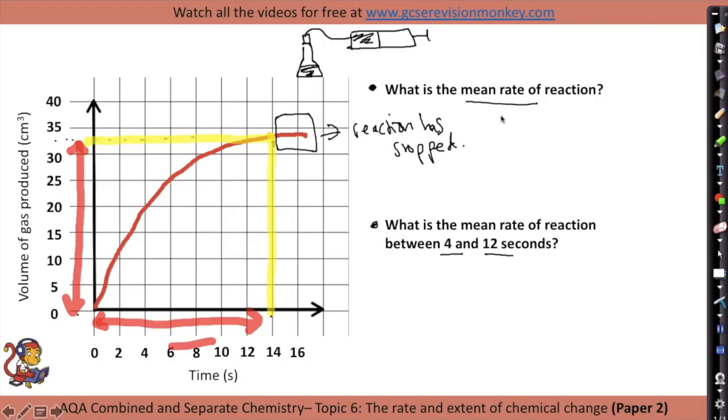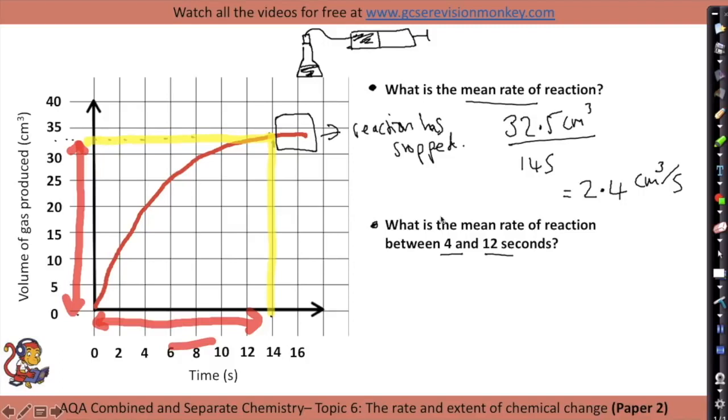So to calculate the mean rate of reaction, it would be 32.5 centimetres cubed divided by 14 seconds, and that would give us a rate of reaction of 2.4 centimetres cubed per second.